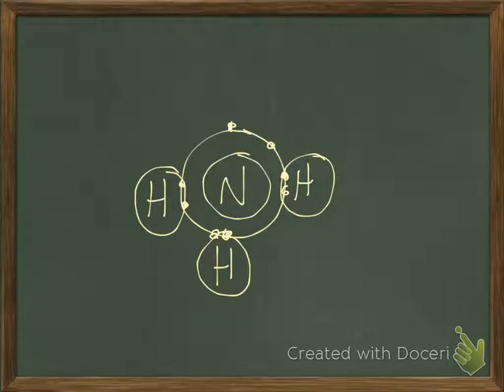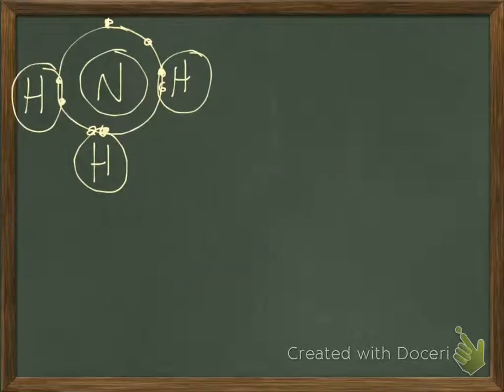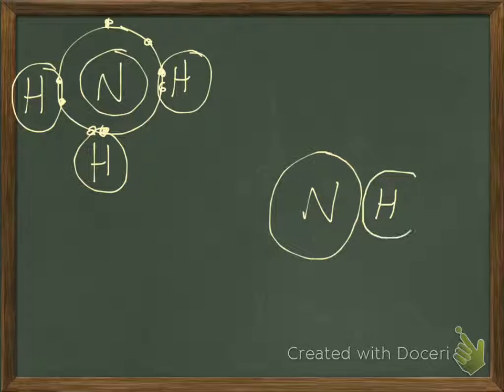Well, if I think about this in terms of the fact that they're sharing an electron cloud, I can actually kind of redraw this to reflect that reality. So we know that nitrogen has an electron cloud, and hydrogen has its own little electron cloud, and we say that they're overlapping.